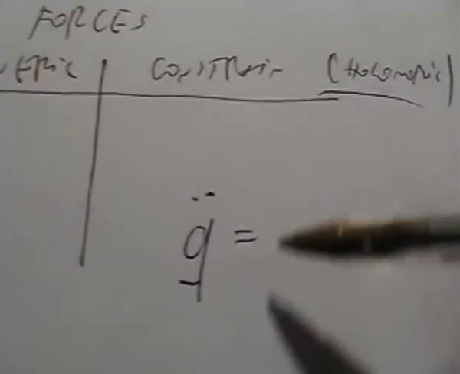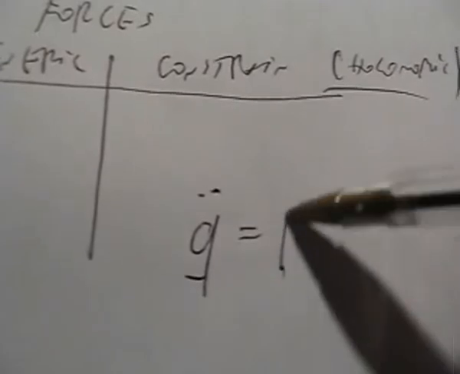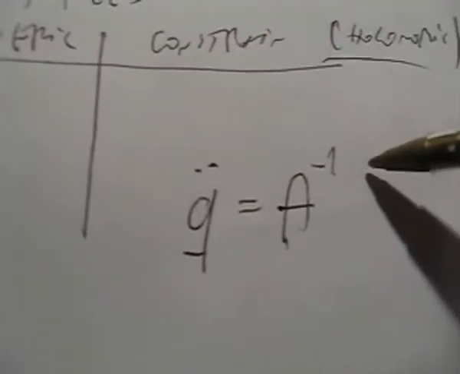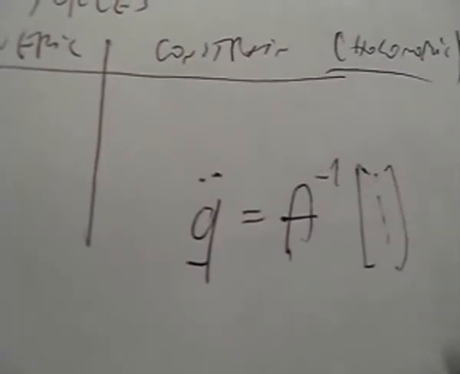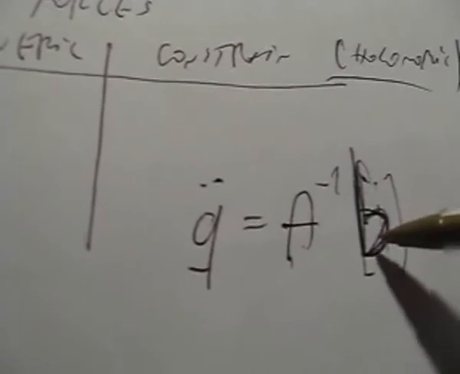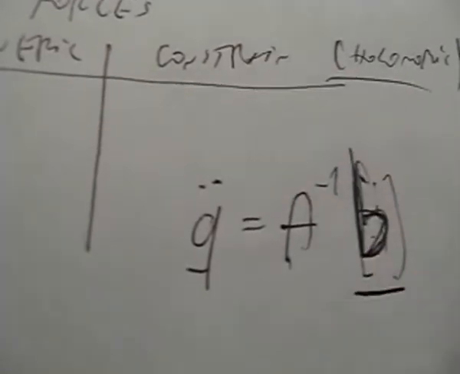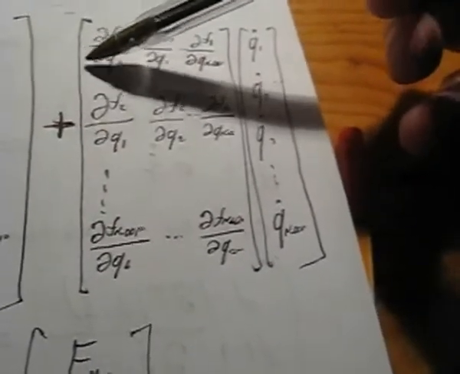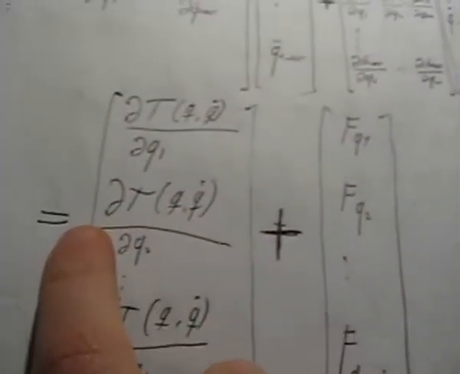Let's call it A, times a vector which let's call B. B vector is the vector formed by summing this with this, and this brought here, so with negative sign.